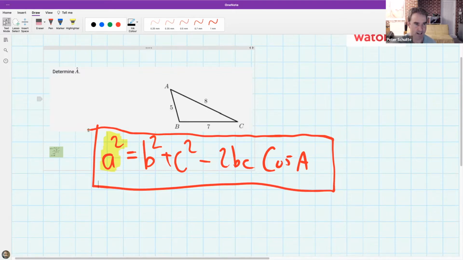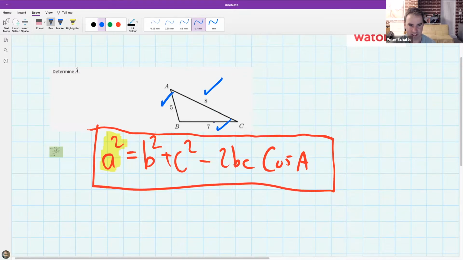Now, in today's lesson, we are going to look at how we use the cos rule to find an angle in a triangle when you are given three sides. If we look at the drawing, I'm giving you all three sides of the triangle.